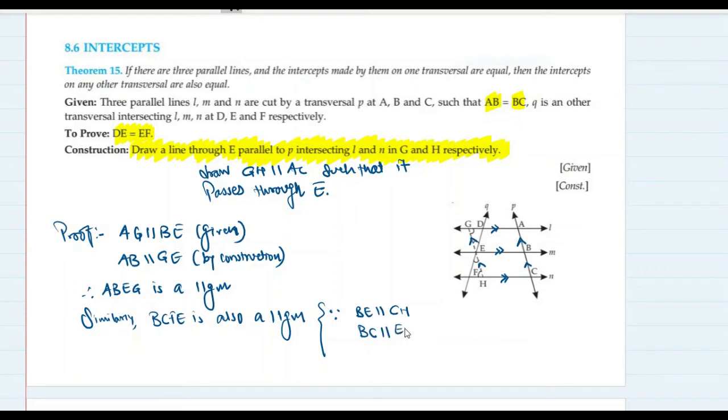F is not this point, F is this point. This is H and this is F. So BCHE is a parallelogram.